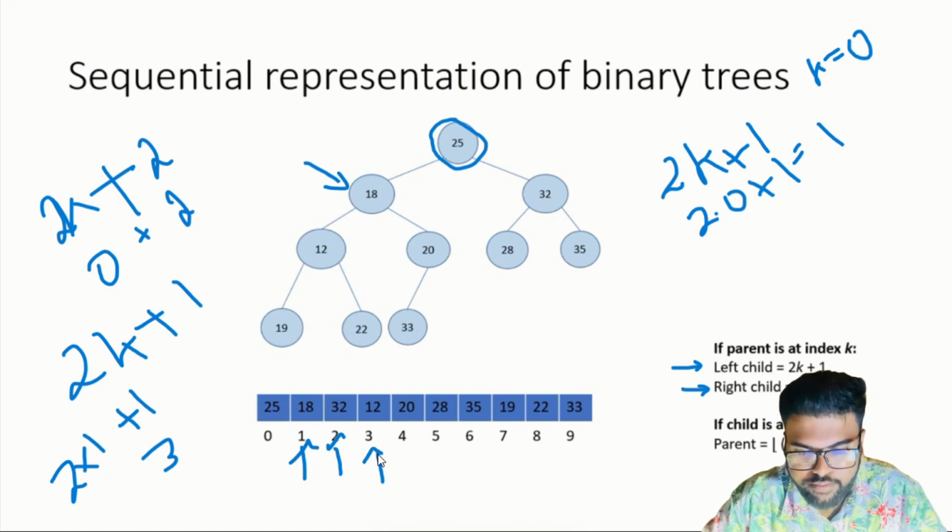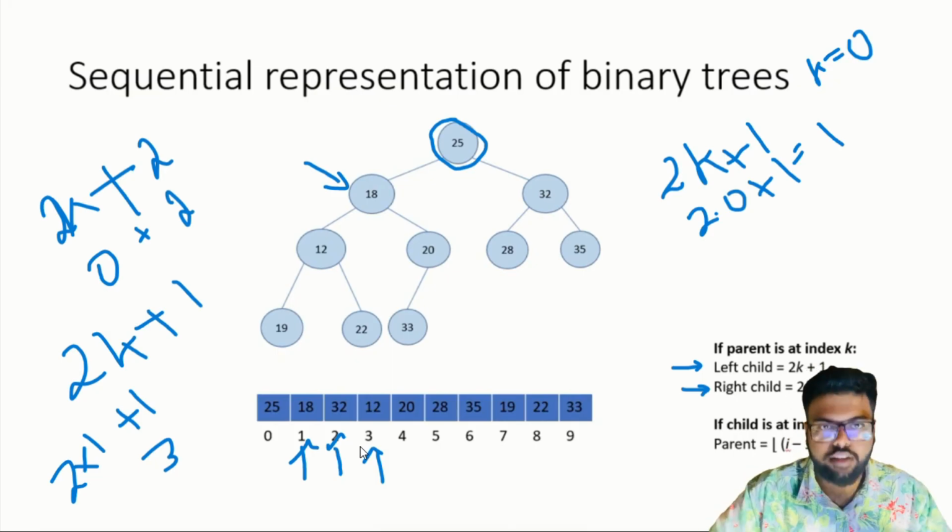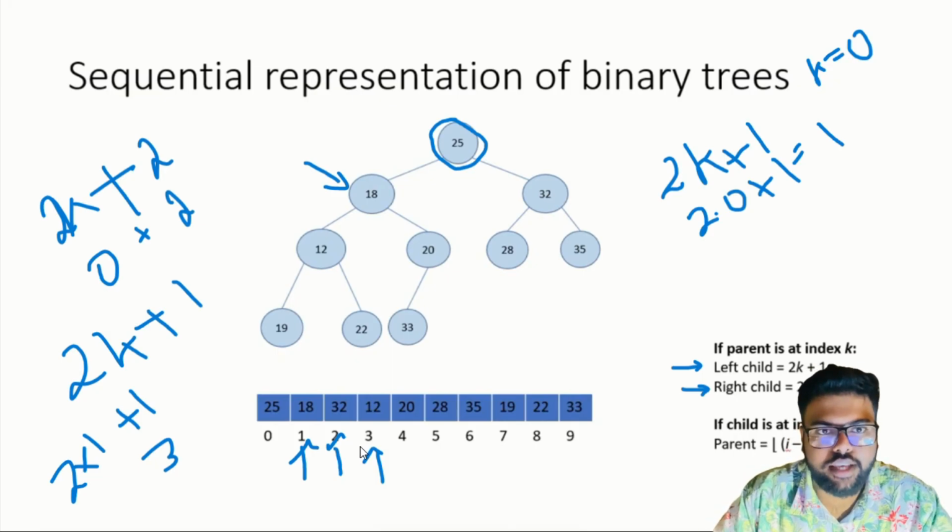You can see the left child index in 18 is stored in the 3rd index. Other nodes are the same. So this is the sequential representation of trees.